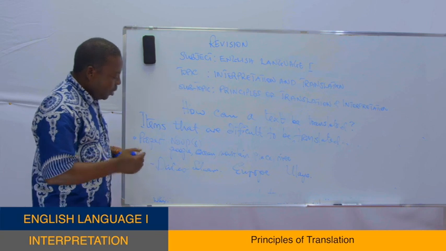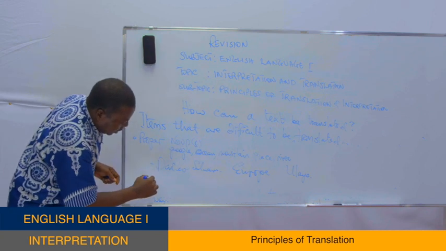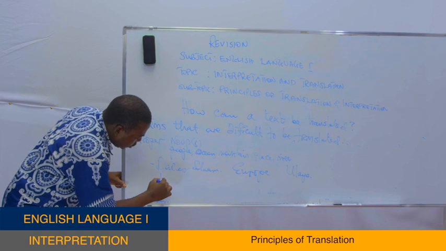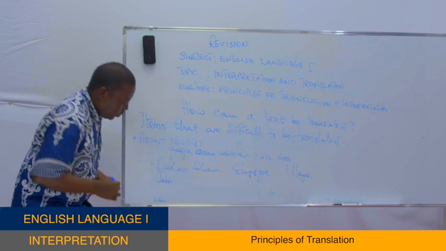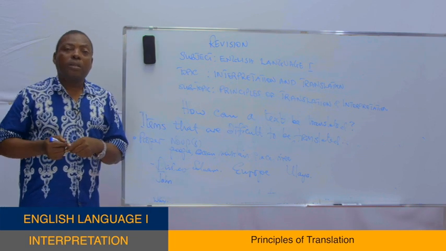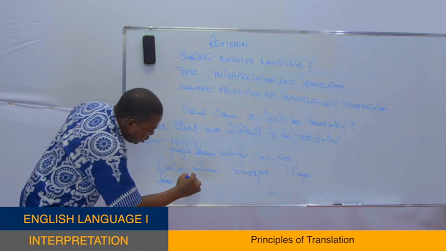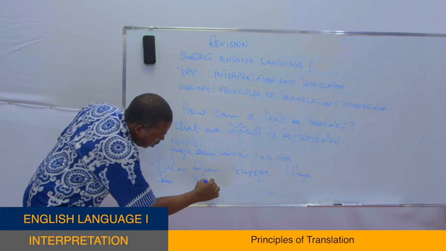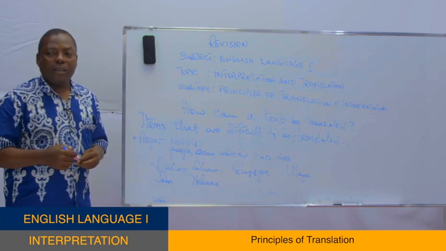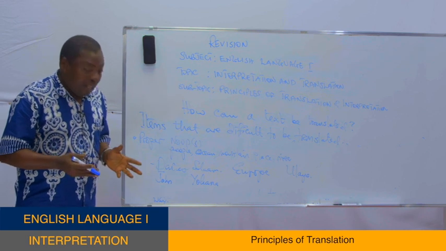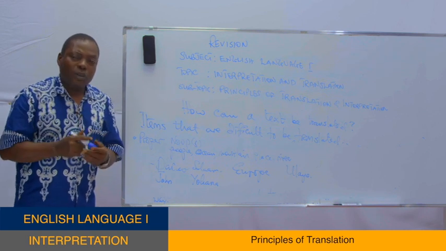Imagine someone is called John. I'm told that the Swahili word for John is Johanna. Your ID bears the name John.